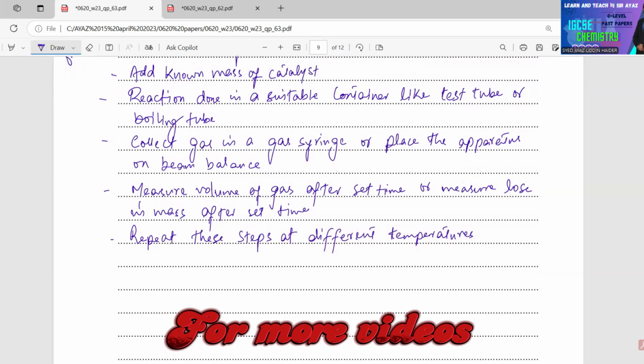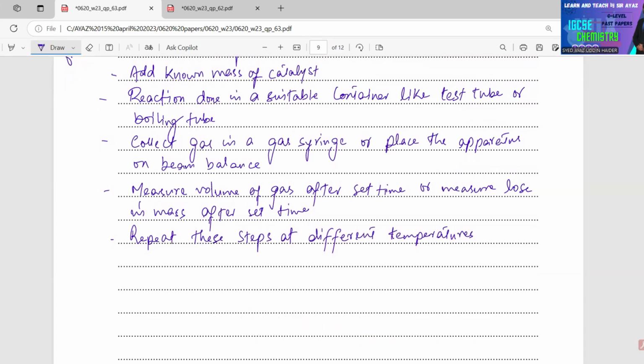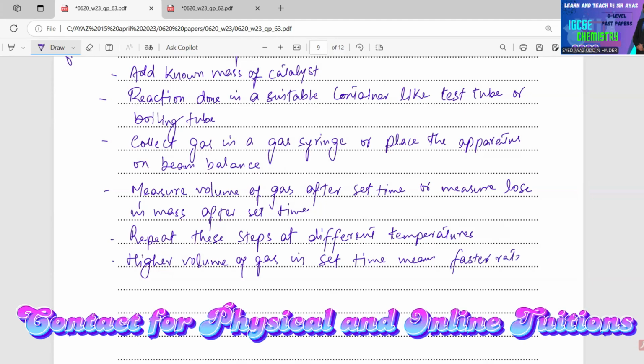So for the gas, you will have higher volume in set time means faster rate. Higher volume of gas in set time means faster rate. Or you can have shorter time means faster rate also.